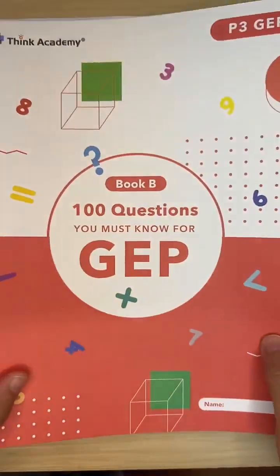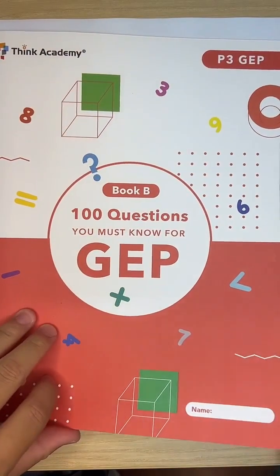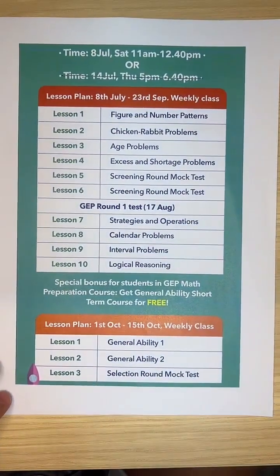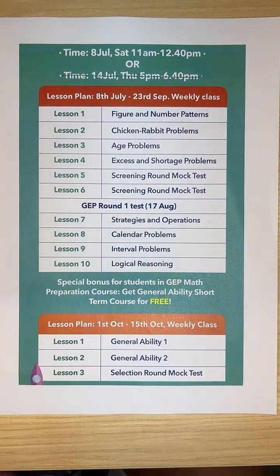So book B looks like this. This is book B. It also has 100 questions. If you're in Jurong, you can just message this account later, then we can arrange a time. Then you come down for a diagnostic test, then I will give you the book B.